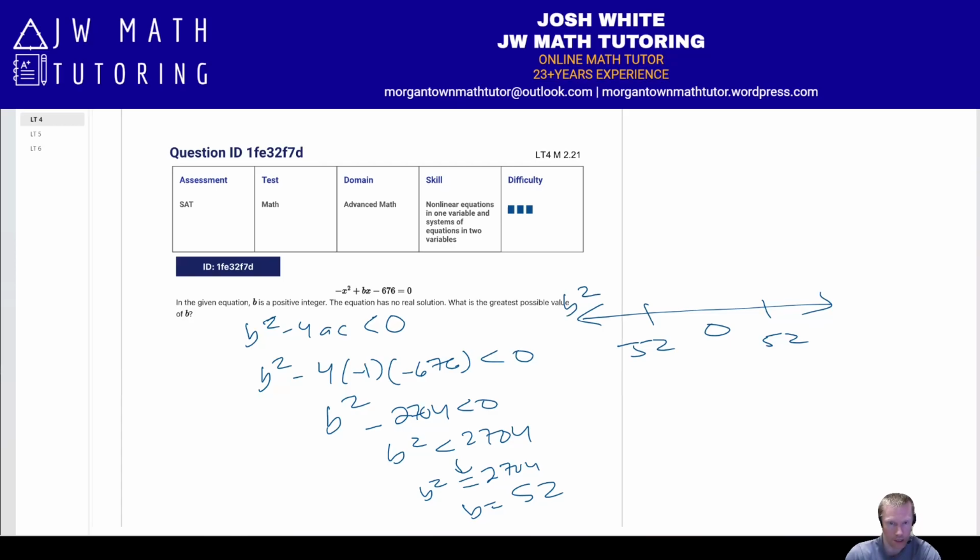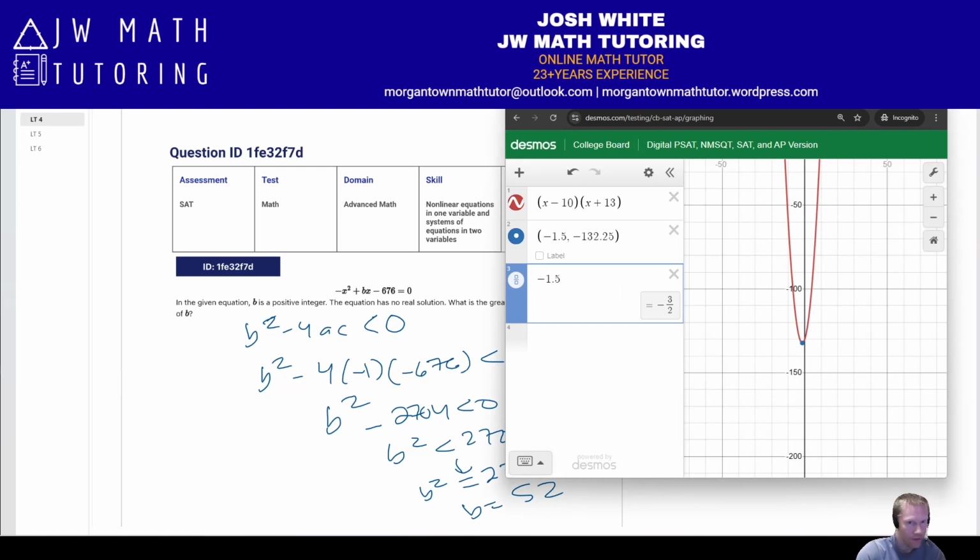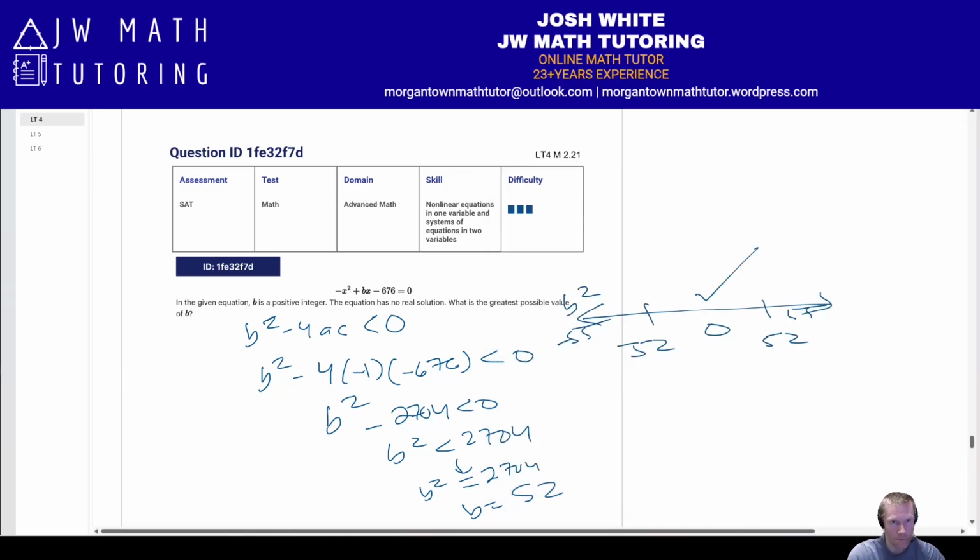So pick 0. Obviously, if you plug in 0, 0 is less than 2704, so that works. If you pick numbers like -55 or +55 and you square them, see, 3025, it's greater than 2704. So these are not going to work.